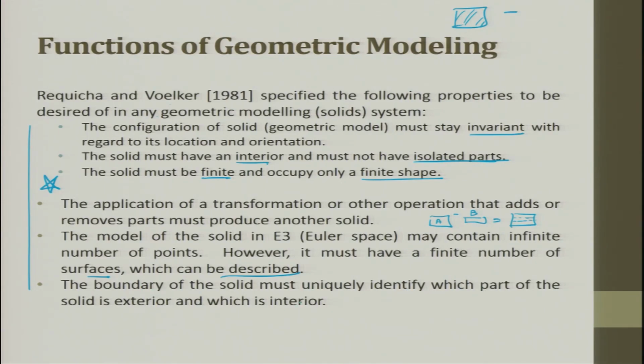All these things are very important for us in this course. Why? Whatever CAD you create, if it does not follow the properties of a geometric model, then this data will be transferred to the rapid prototyping machine, and it will start executing. The moment it executes, if it cannot identify interior and exterior, it is too difficult for it to build a part.